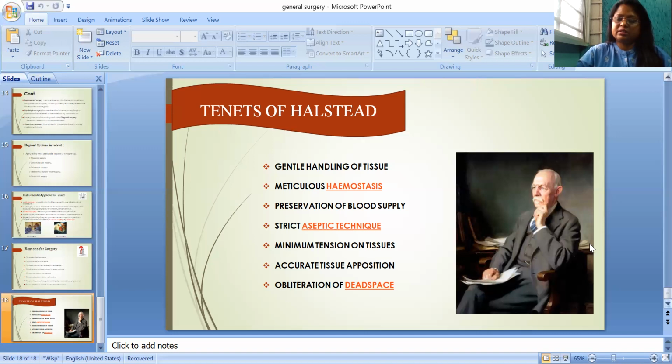So these are the tenets of Halsted. The tenets of Halsted should be at your tip of tongue. This is very important for general surgery. Right? Okay, thank you.